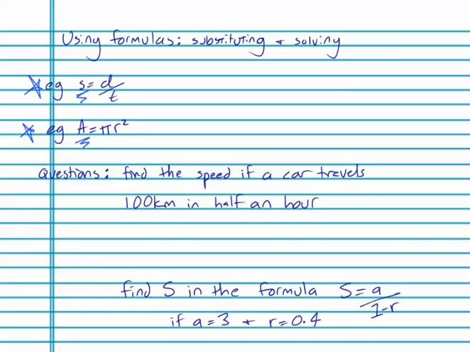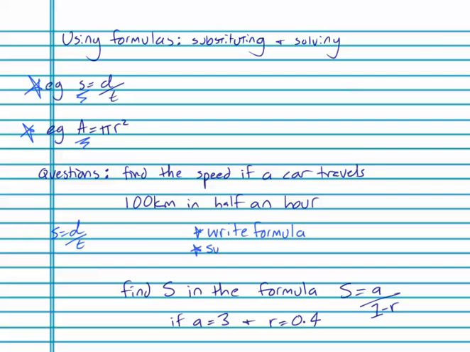So some questions here. Find the speed if a car travels 100 kilometers in half an hour. Now at the moment we'll usually give you the appropriate formula. Speed equals distance over time. And it's important always to write the formula. Write our formula to start with.